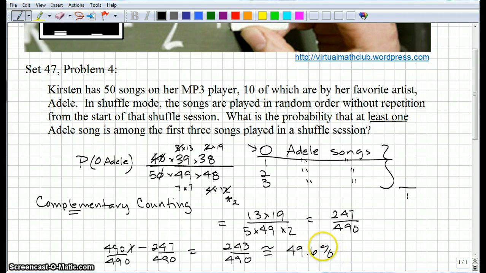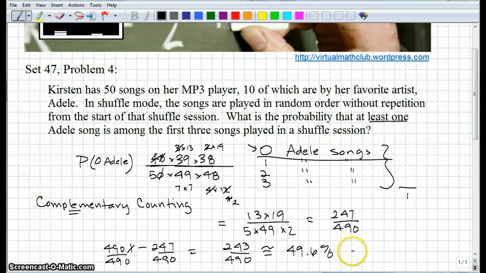So it's pretty close to a 50% chance that you're going to get an Adele song within the first 3 songs if 10 out of your 50 total songs are Adele songs. That's kind of interesting, because only 1/5 of the songs are Adele, but you have roughly a 50-50 chance that within the first 3 songs you're going to get an Adele song.